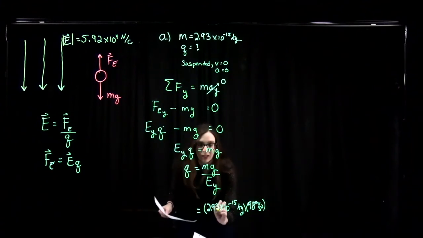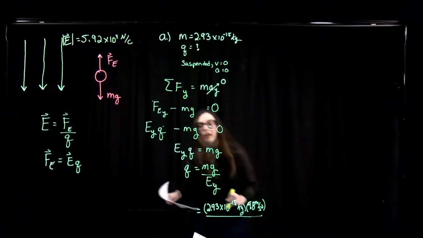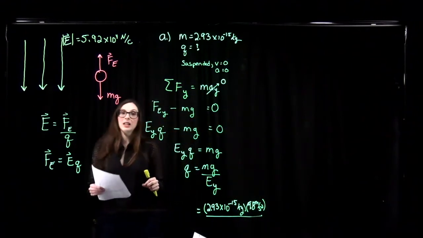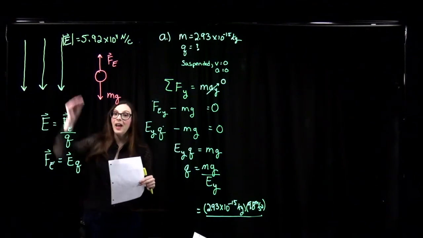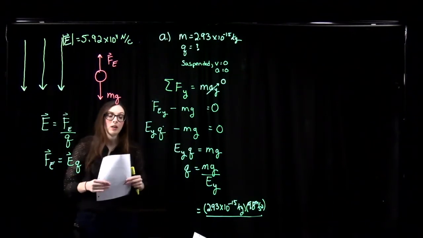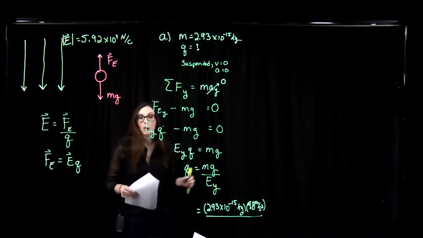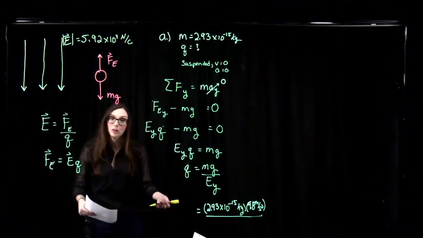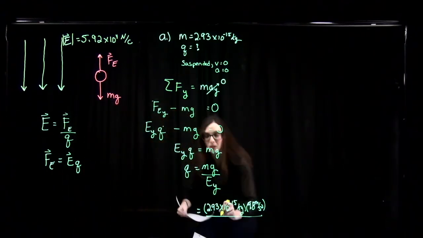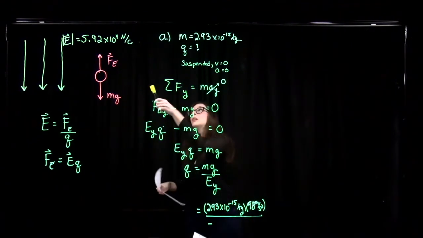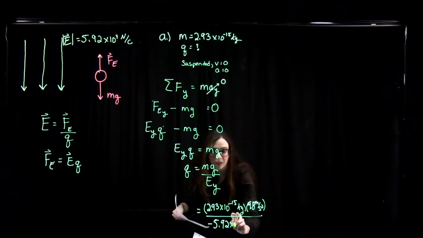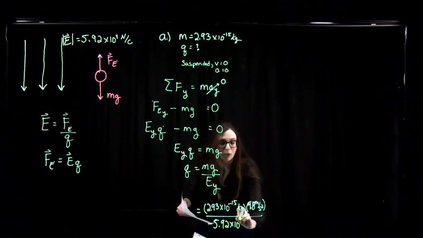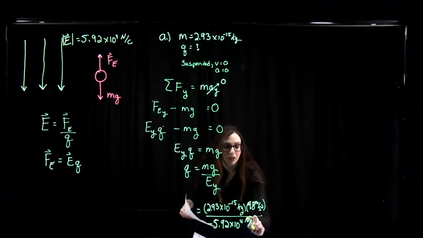Then we divide that by the electric field in the y direction, which is negative because it's pointing downward. So this E_y component, the y component of my electric field vector, is negative 5.92 times 10 to the 4 newtons per coulomb.